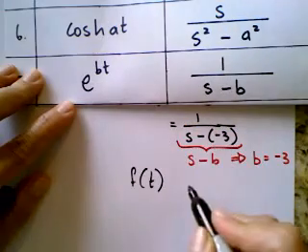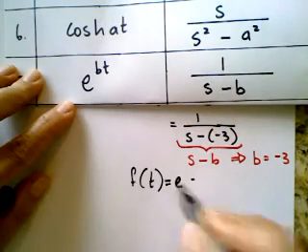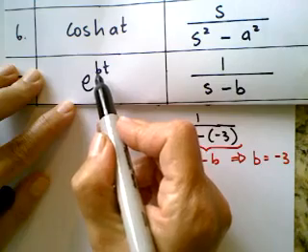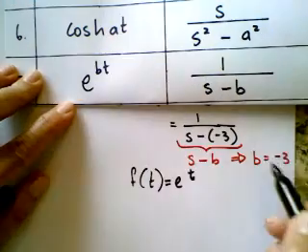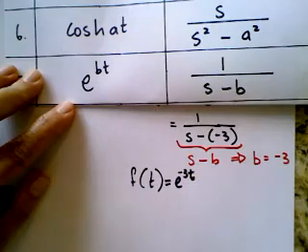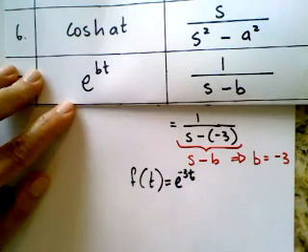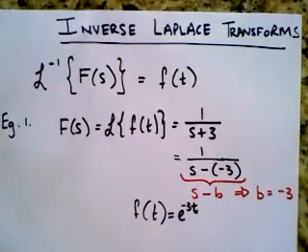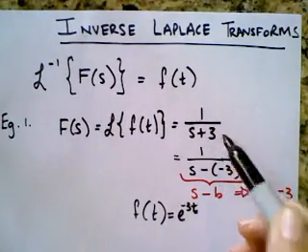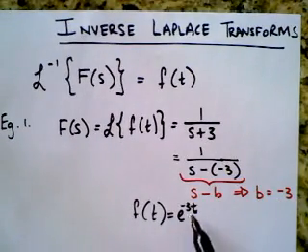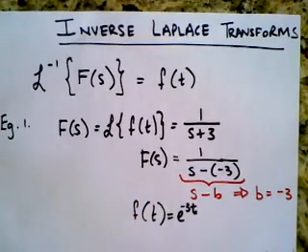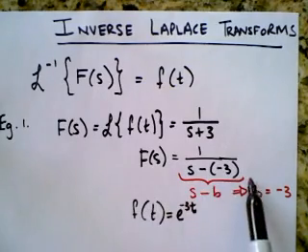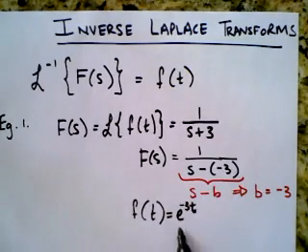You've got the e, your power is going to be b times t, so you have the t, and b in this case is going to be minus 3, right? So the inverse of 1 over s plus 3 is going to be e to the minus 3t. And just be careful of your notation. You'll see on this line that is the transform, this is the inverse of your transform.